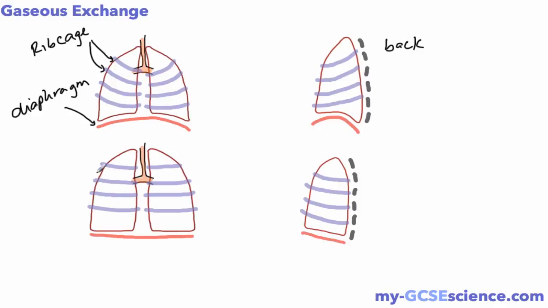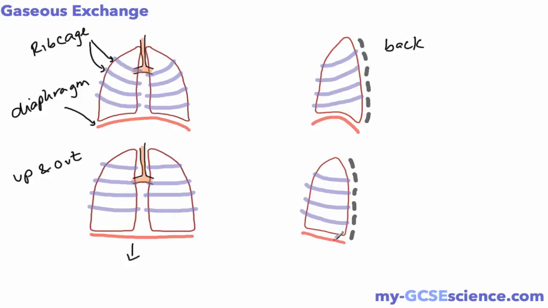You can see they've kind of flattened out a bit, but what that's done is cause an upwards and outwards movement, and that's increased the volume of the lungs. We'll talk about that in a bit more detail in a moment. So the ribs move up and out. We have the diaphragm which has moved downwards, and therefore that causes the lungs to change their shape, increases the volume, and causes air to move in.